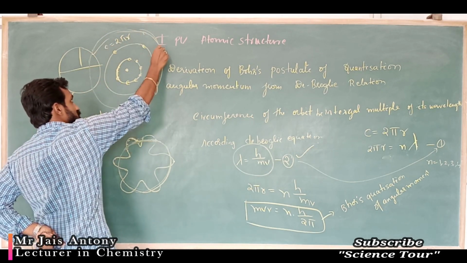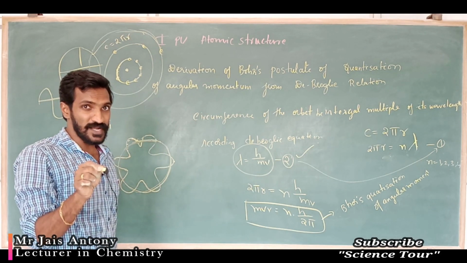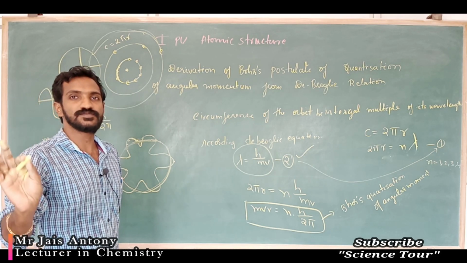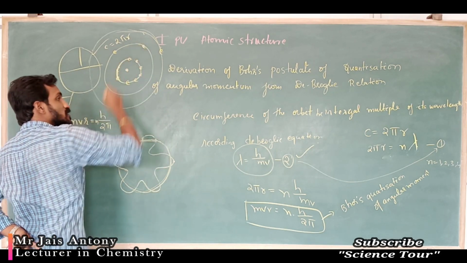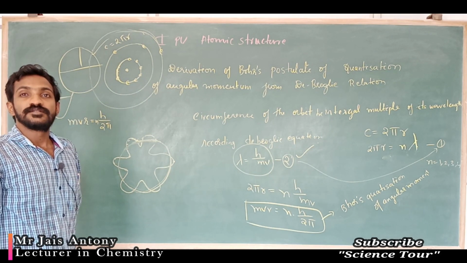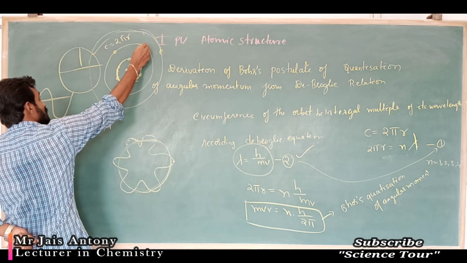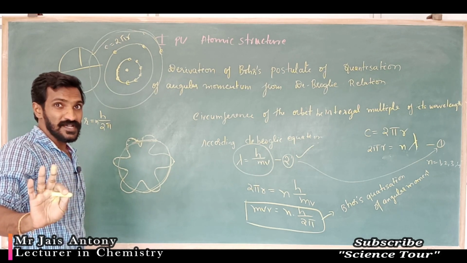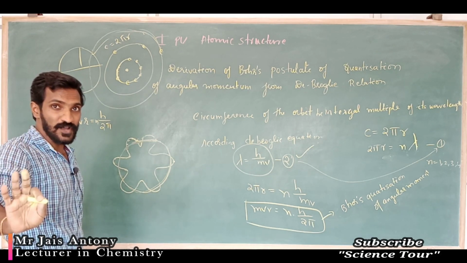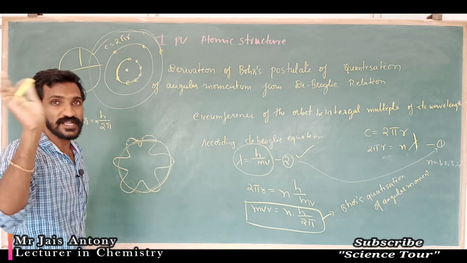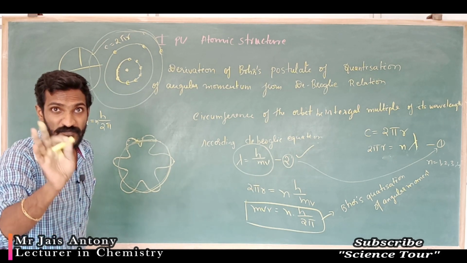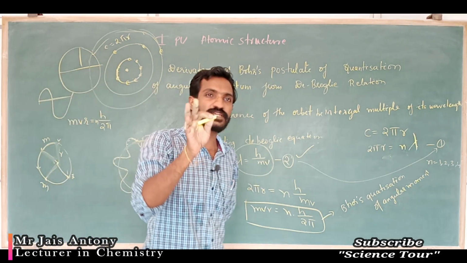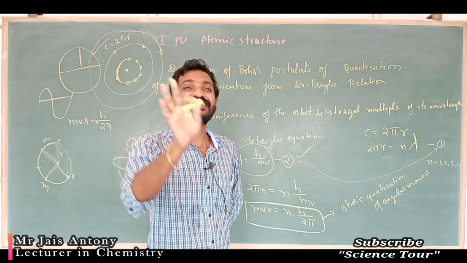When this electron remains in this third orbit, its angular momentum mvr value is fixed. Understood? Now I will name one more in the second orbit. Until it remains in its second orbit, its angular momentum is fixed with fixed energy. Like that, each orbit has a particular angular momentum, it is quantized.